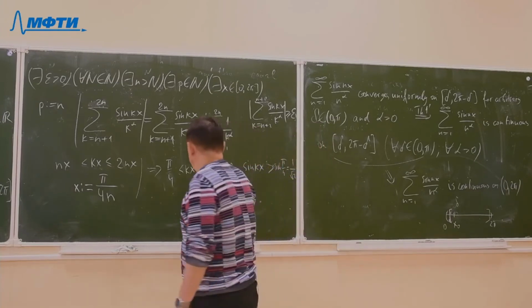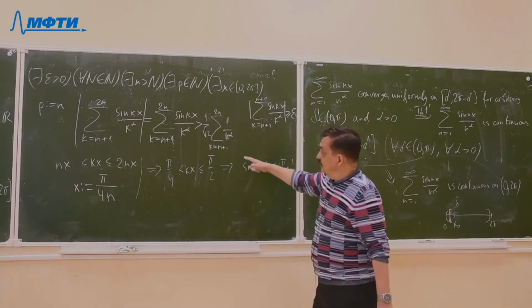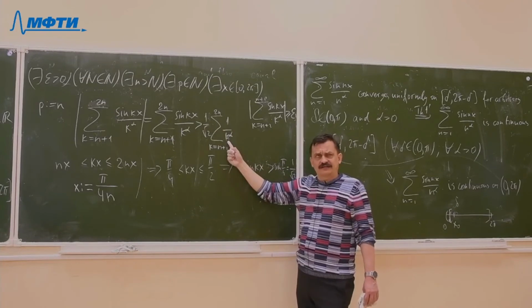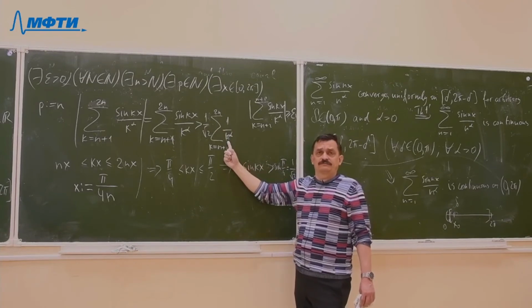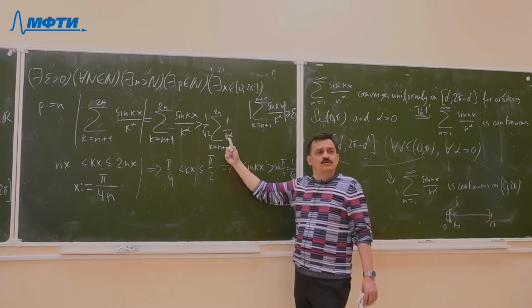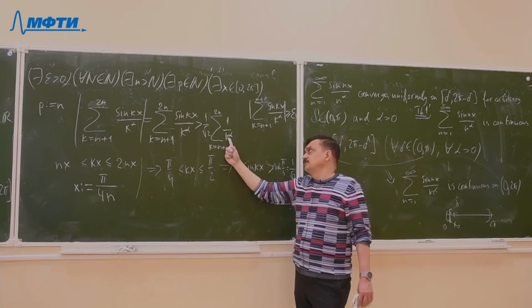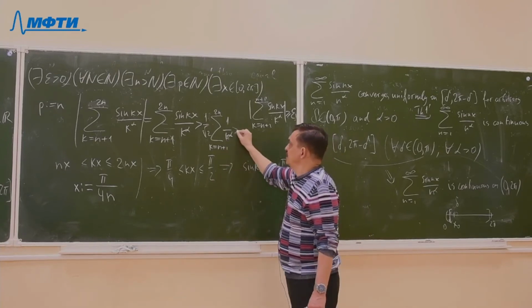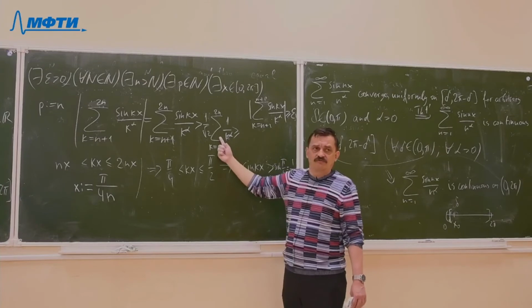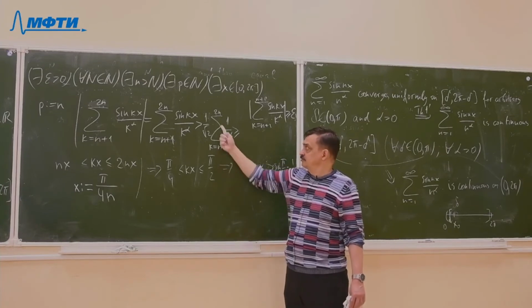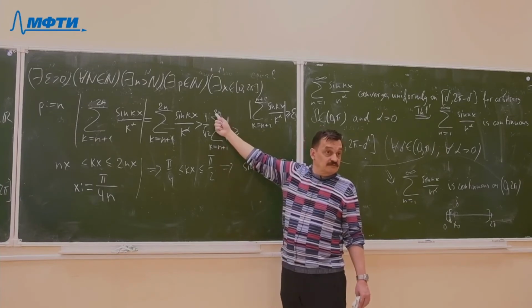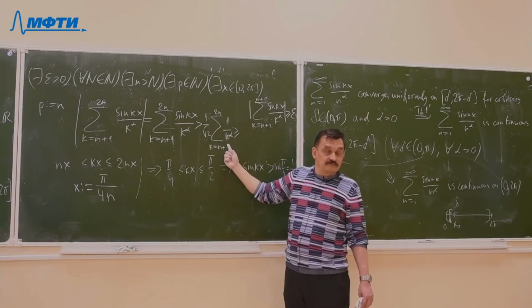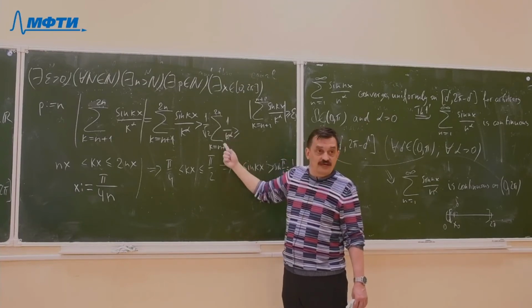Yeah. Okay, now look. I want to find an estimate below, right? Alpha is positive. So that is greater or equal to the minimal value when I substitute the maximum value of k, right? The maximum value of k is 2n.